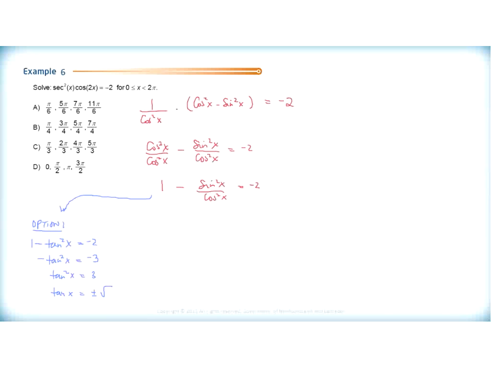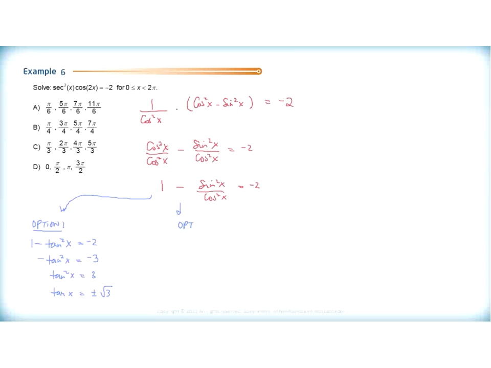And that will give me negative tan squared x is equal to negative 3. Therefore, tan squared x is equal to 3, so tan x equals plus or minus root 3. And all we need to do now is solve that equation. Some of you may recognize that as a special case, but it's a little more difficult to determine what the value of x is. So I just threw that out there.